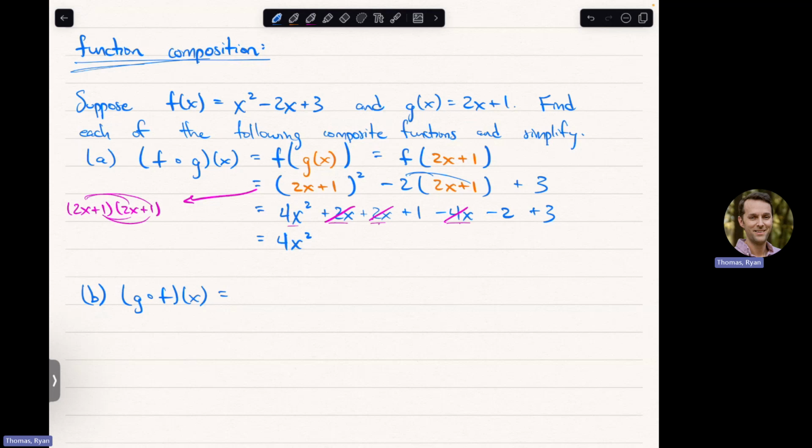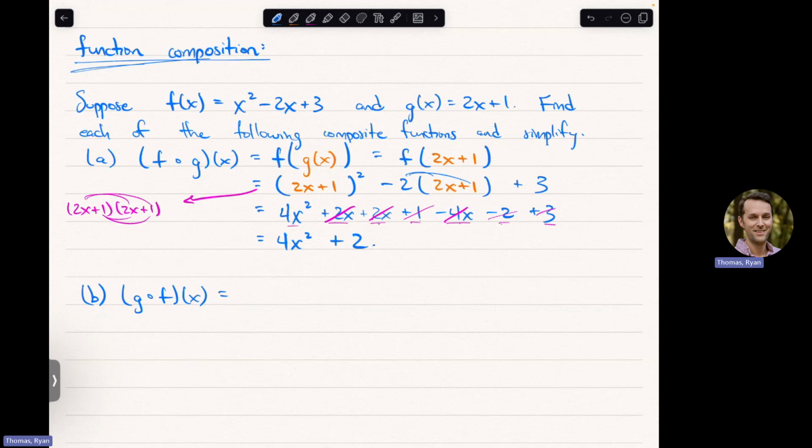We have no linear term then. And then plus 1 minus 2 plus 3. So 1 minus 2 is negative 1, plus 3 is 2. So 4x squared plus 2 is this composite function completely simplified and combined.